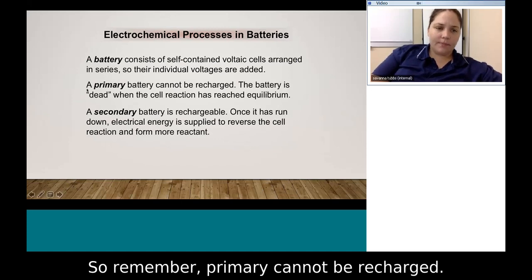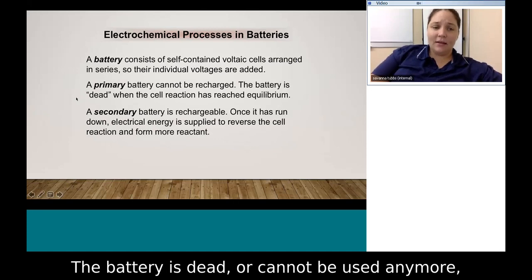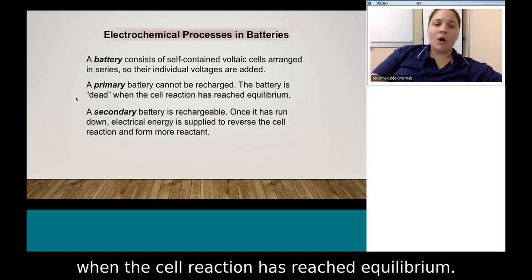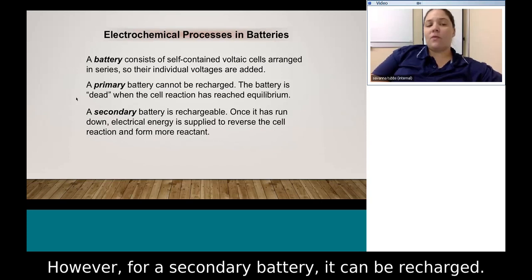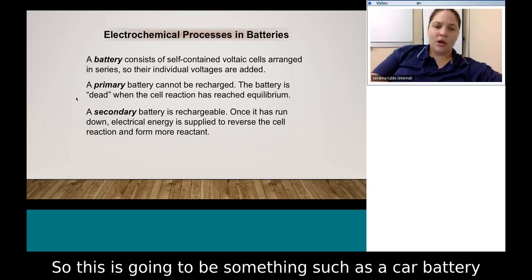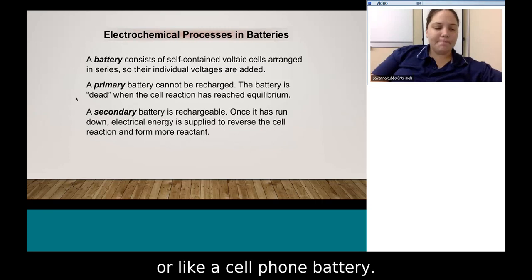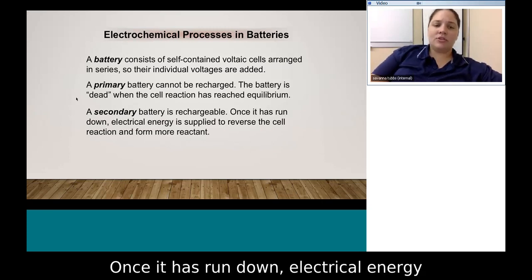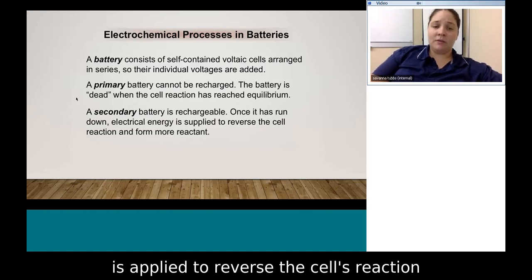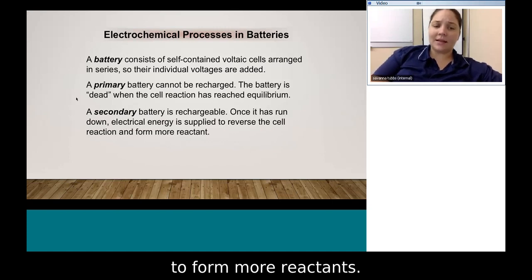So remember, primary cannot be recharged. The battery is dead or cannot be used anymore when the cell reaction has reached equilibrium. However, a secondary battery can be recharged. So this is going to be something such as a car battery or a cell phone battery. Once it has run down, electrical energy is supplied to reverse the cell reaction to form more reactants.